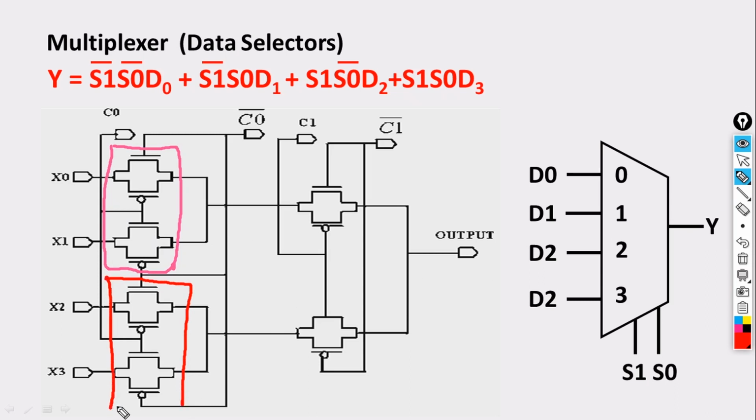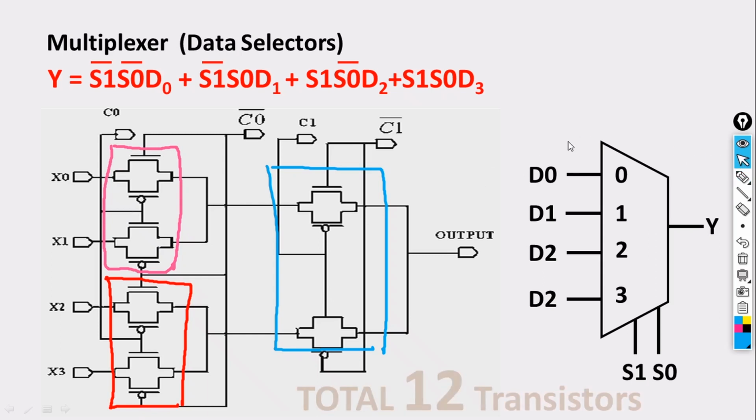So we are combining these 2:1 muxes in order to come up with a 4:1 mux. In a similar way, the number of transistors required is only 12. So only 4 transistors have been increased compared to pass transistor logic, and even that is a good result.